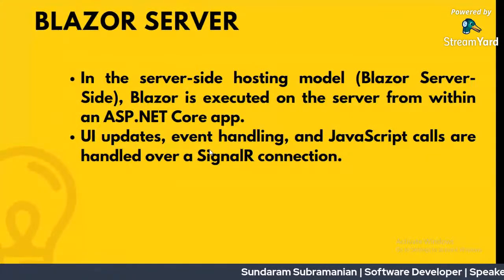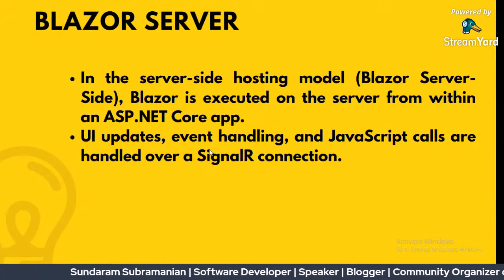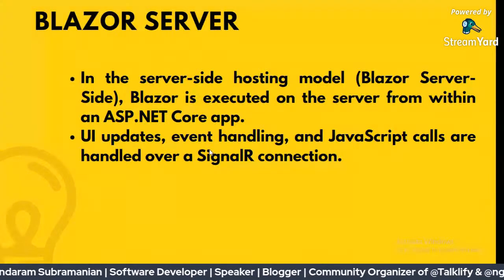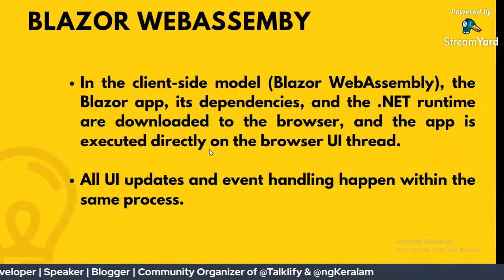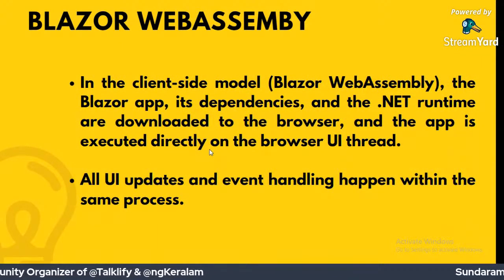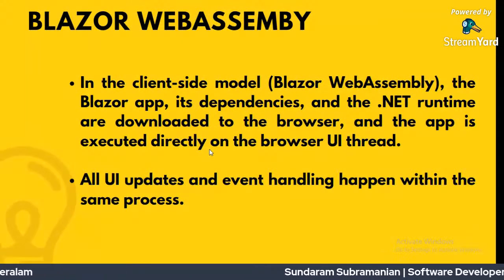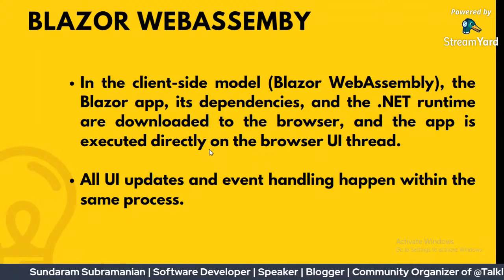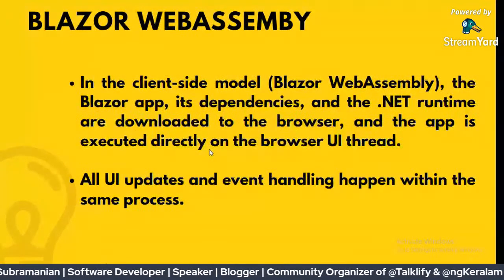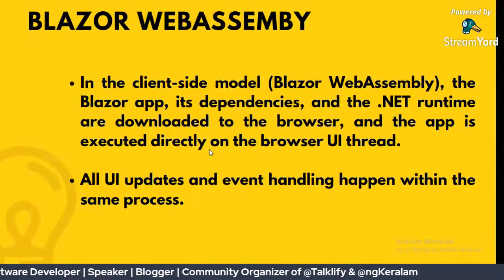So the entire thing in Blazor Server is handled by SignalR. Whereas in the client side, that is WebAssembly, the Blazor app, its dependencies and the .NET Core runtime are downloaded to the browser, and the app is executed directly on the browser UI thread. So all UI updates and event handling happen within the same process.